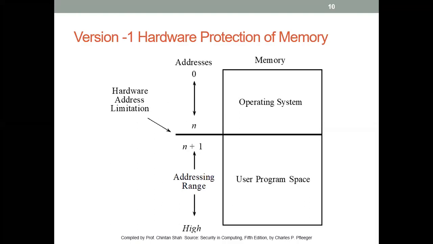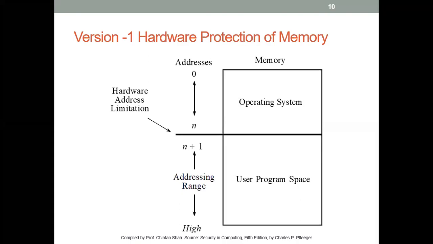If you remember, if we went back to the buffer overflow, we have seen how the buffer, if it flows to the next location and corrupts your operating system, your system will come down, right?